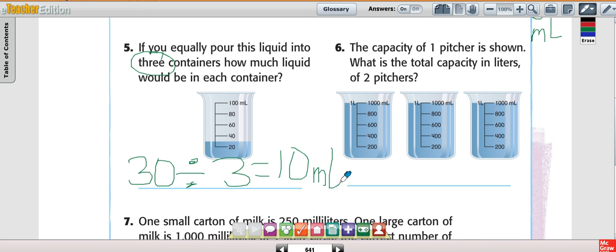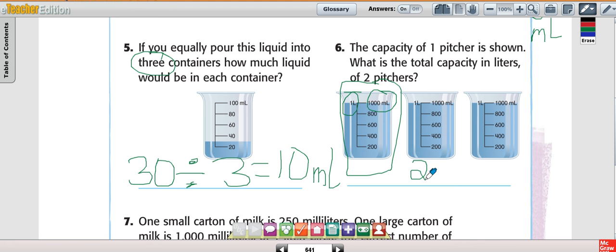Number 6 says the capacity of one pitcher shown. Okay. So what's the capacity of just one pitcher? How much is in there? 1,000 milliliters or 1 liter, right? Because it says 1 liter here and 1,000 milliliters. Okay. So what is the capacity in liters of 2 pitchers? 2 liters.